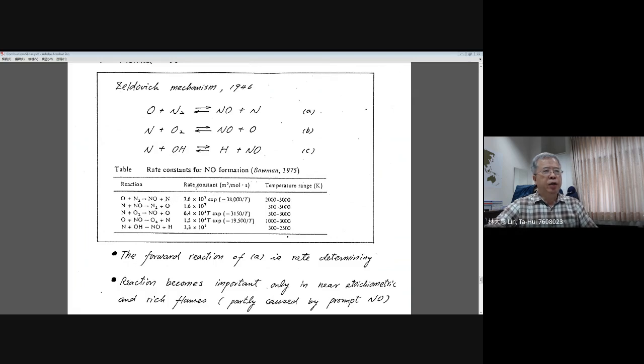In the expression of the rate constant, you can see there is a minus 38,000 divided by the temperature. 38,000 represents the activation energy for this reaction.